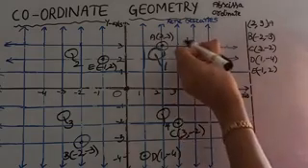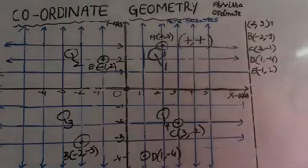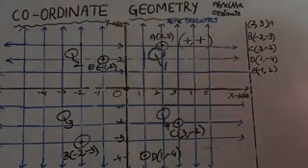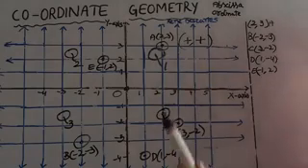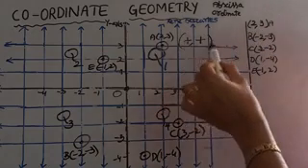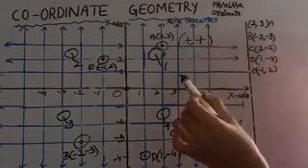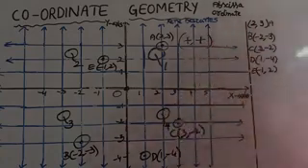If both are positive, those points always lie in the first quadrant. If both coordinates, abscissa and ordinate, have a positive symbol, and there is no symbol, that means plus. Here also plus and here also plus. So if plus, those points lie in the first quadrant.